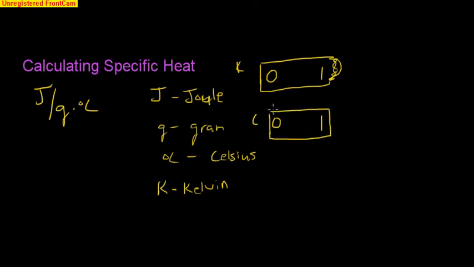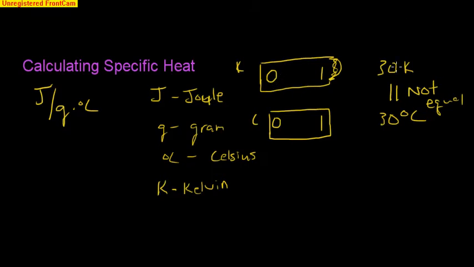Even though these are not exactly the same, meaning that 30 degrees Kelvin is not the same thing as 30 degrees Celsius, if I increase by 1, going from 0 to 1 on the Kelvin scale or from 0 to 1 on the Celsius scale, that is the same amount.